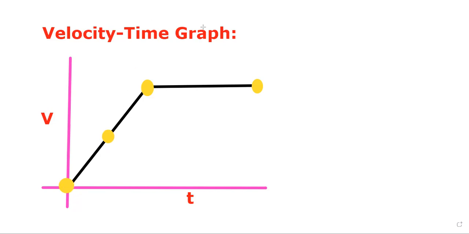Let's mark this point. Suppose it represents 5 seconds on the x-axis, and on the y-axis, let's assume that this point represents the speed is 20, and on the x-axis time is 5.